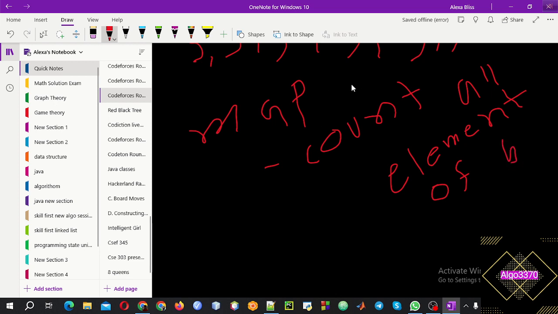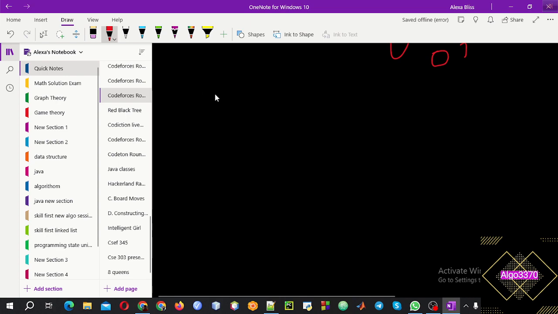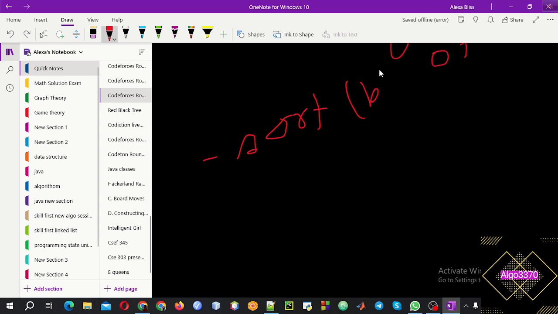Then what we have to do is sort them. Sort b. Why will we sort b? Because the answer is always possible.